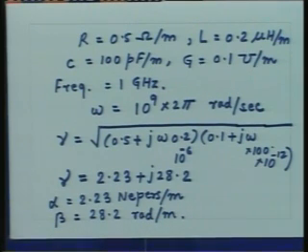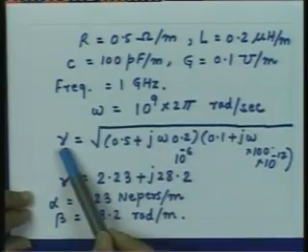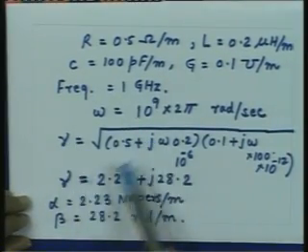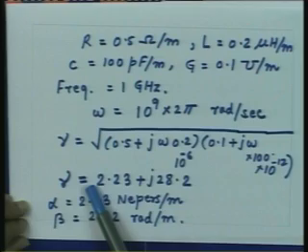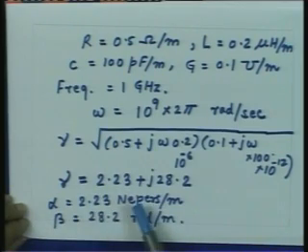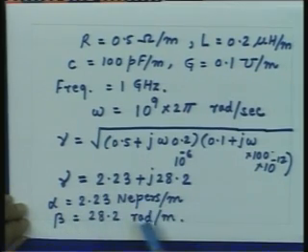So, once we know the primary constants of the line, which are R, L, G and C, and the frequency of operation, one can calculate from this expression the complex propagation constant, then separate out the real and imaginary parts of gamma, and we get what is called the attenuation constant alpha and the phase constant beta.